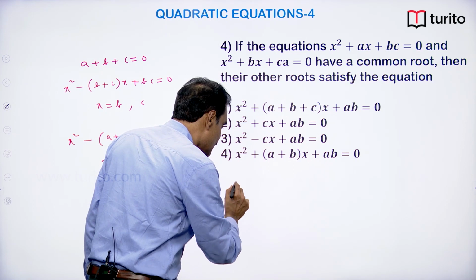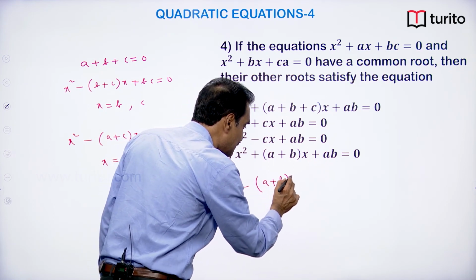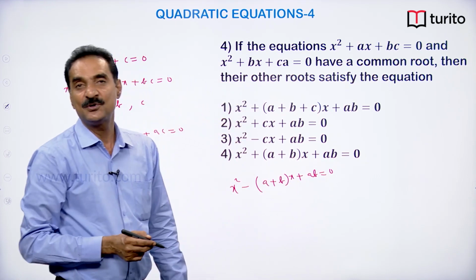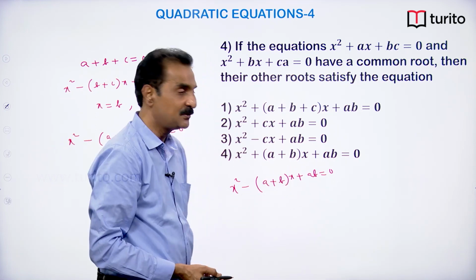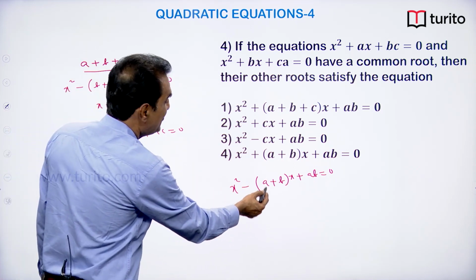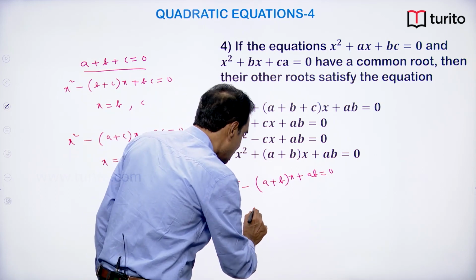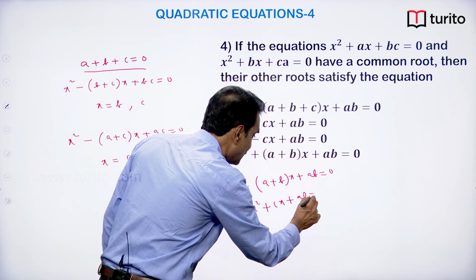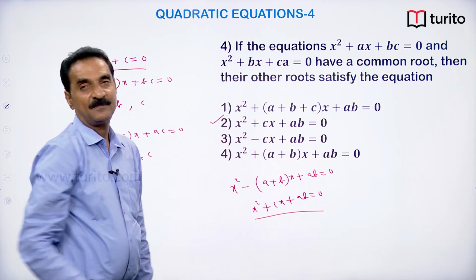Quadratic equation whose roots are a and b will be x square minus of a plus b into x plus ab is equal to 0. x square minus sum of the roots into x plus product of the roots is equal to 0. Since a plus b plus c is 0, a plus b is minus c, then this becomes x square plus cx plus ab is equal to 0. So, answer is second option.